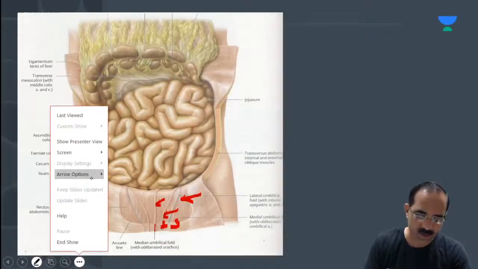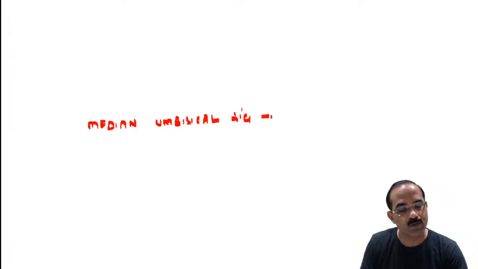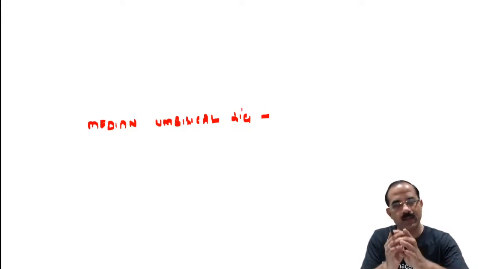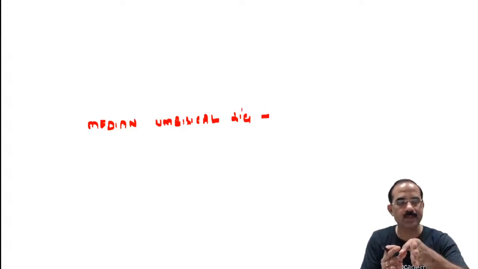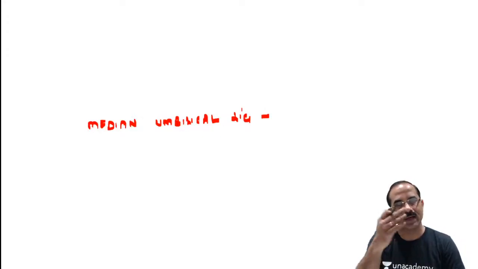Now, what are these ligaments? Quickly, I'll tell you this. So, median umbilical ligament. Anyone? What is this median umbilical ligament? Now in fetal life, children, there's a connection, a communication between the bladder and the umbilicus.